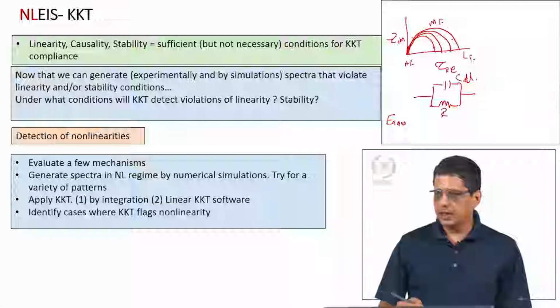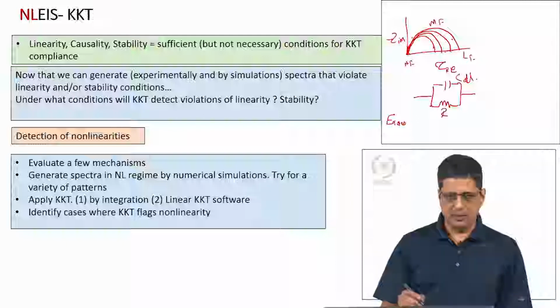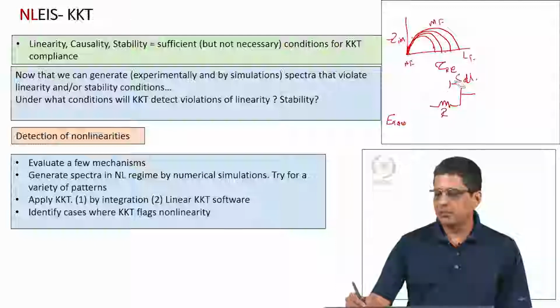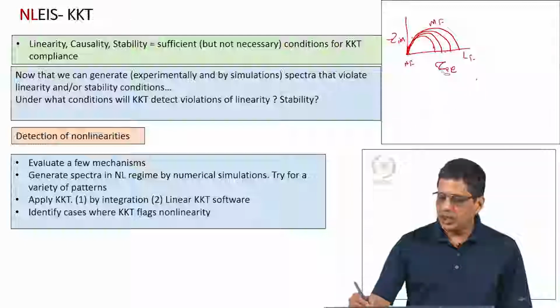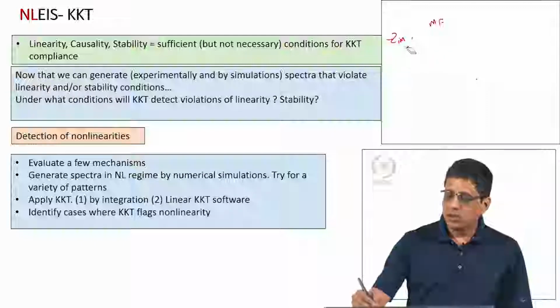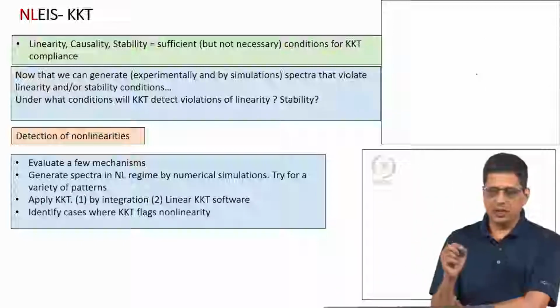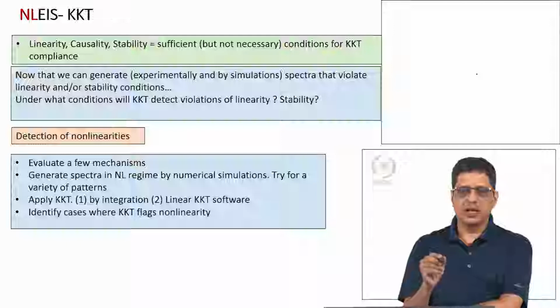So, this is one clean example where we know that the system response is not linear and yet KKT cannot flag and say that there is something wrong with this spectrum. So, it is possible that you have a nonlinear response and KKT will not be able to flag it. But will it happen in all cases? Will KKT say that all the spectra with nonlinear effects are KKT compliant?